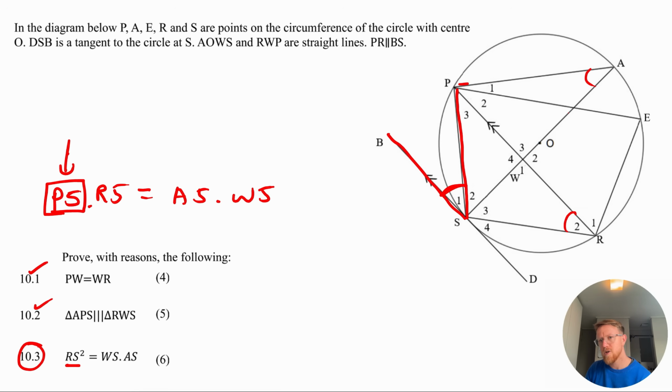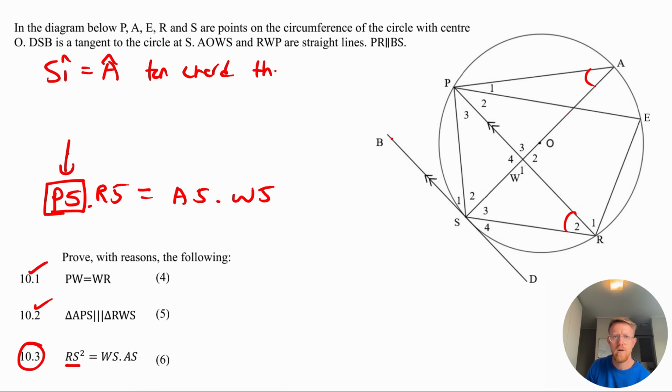But you could also just go straight up to there. So I'm going to go straight to that. So we can show then that angle S1 is equal to angle A, and that's because of the tan chord theorem.